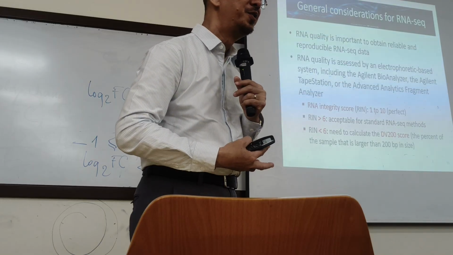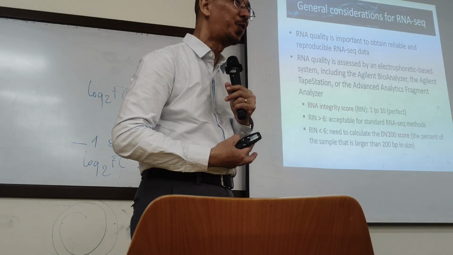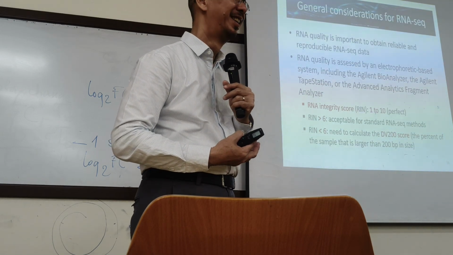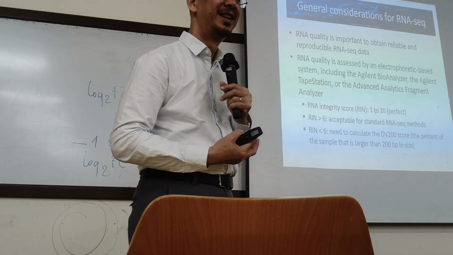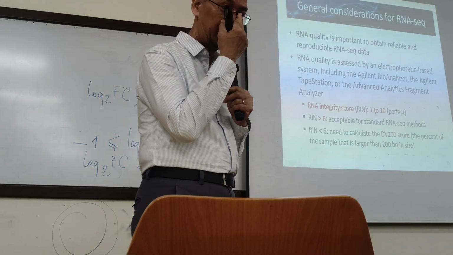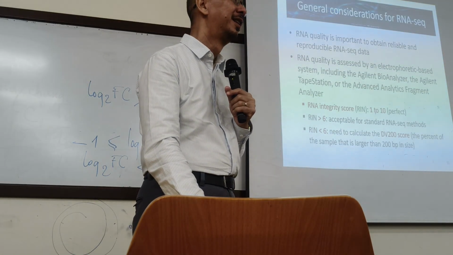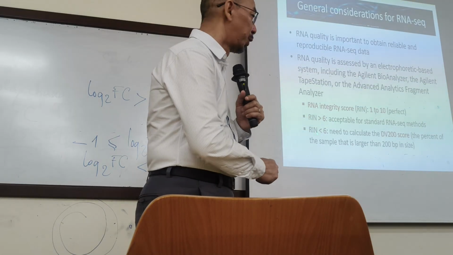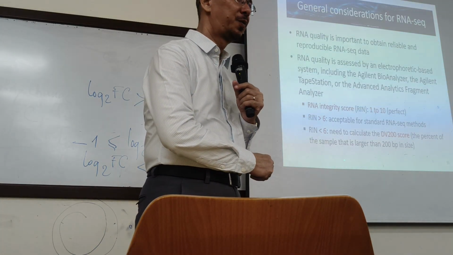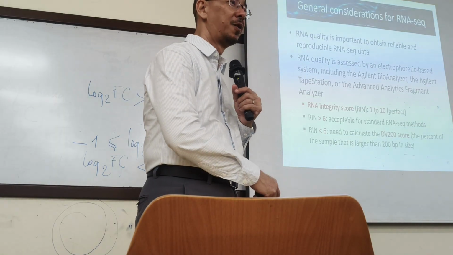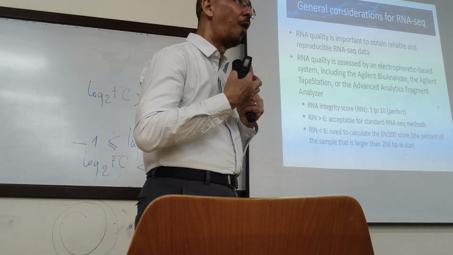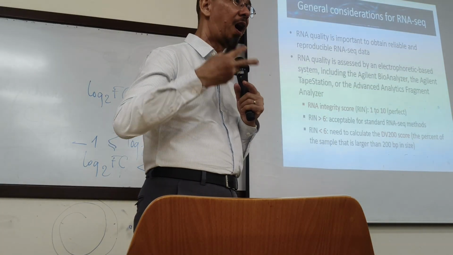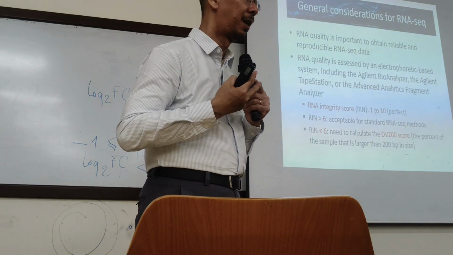In case you don't have other samples, no choice. If no choice, we have to accept it and take the risk, whether the sequencing generates high quality data or not.